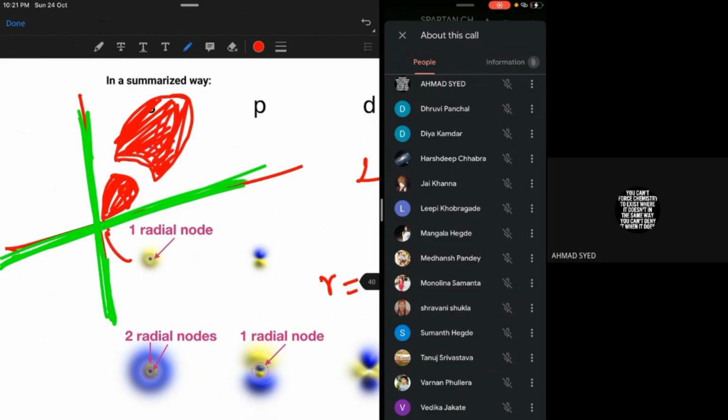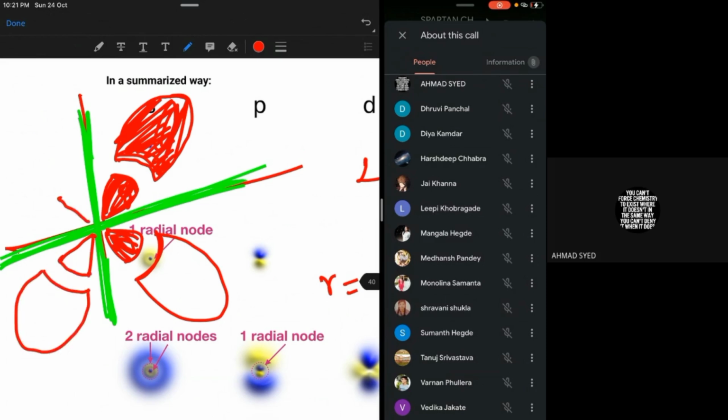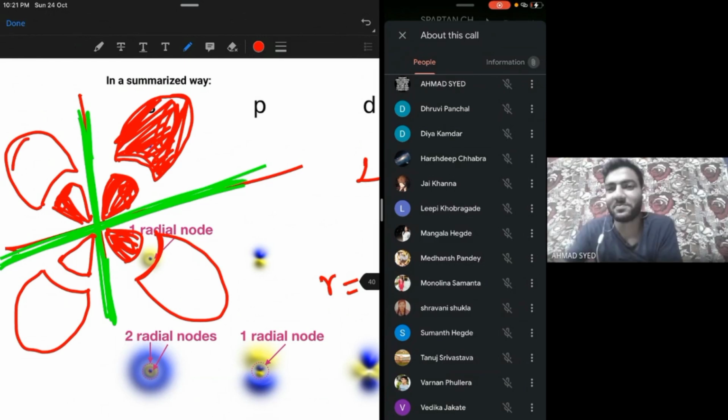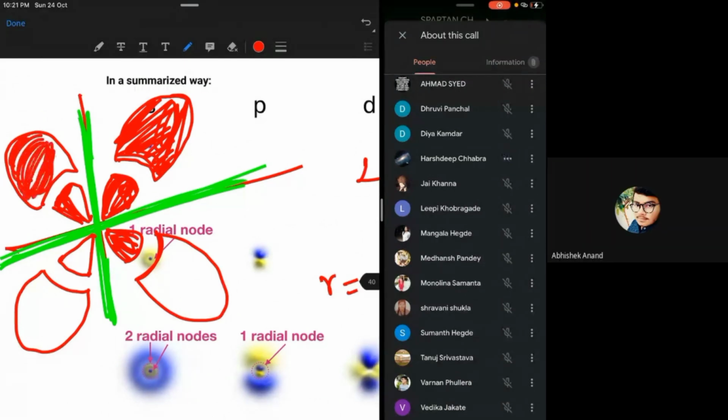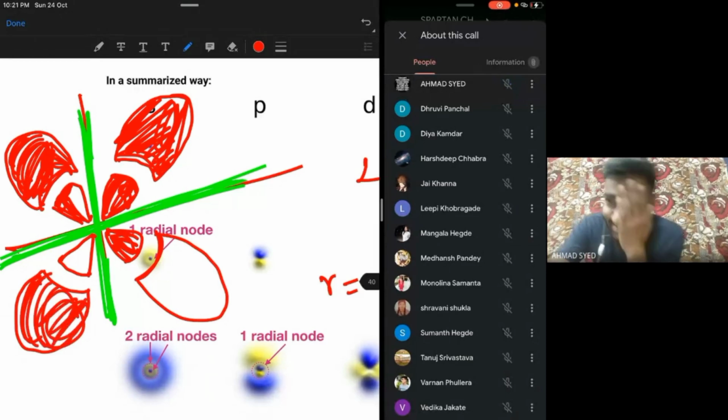Similarly here, and there will be this cut and this here, and then here. Are you guys getting it? Yes, sir. Yes, Bhaiya.